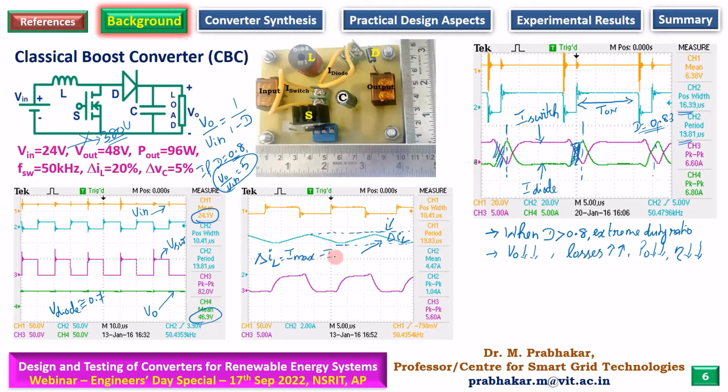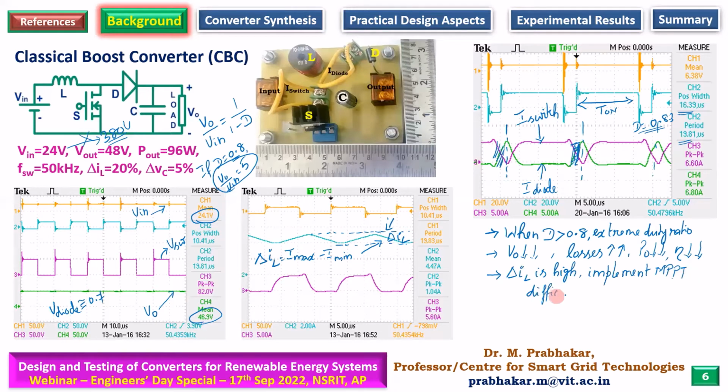So one problem that you come across now is ripple current. Delta IL is high. When we have a high ripple current, remember we are working for a renewable energy system, implementing maximum power point tracking, the MPPT algorithm, is going to be difficult.